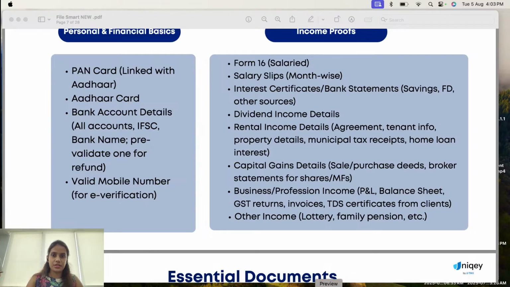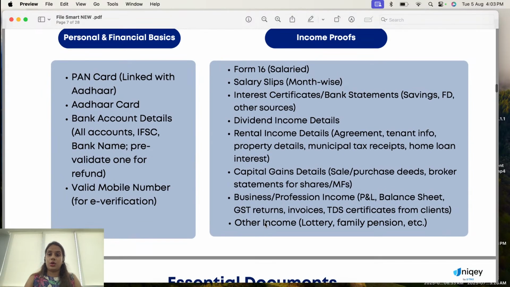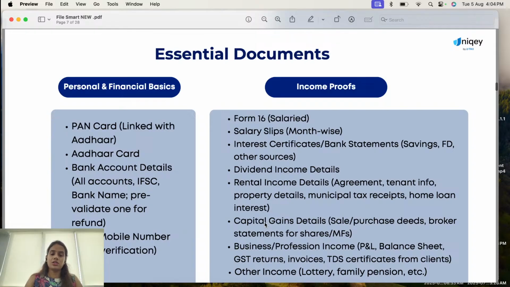Sorry for the interruption. So basically, I was detailing the documentation which is essential for the ITR filing. There are a few personal or financial basics which are mandatory to file any ITR. The first one is the PAN card, and the most important thing is that the PAN card should be linked with your Aadhaar card.